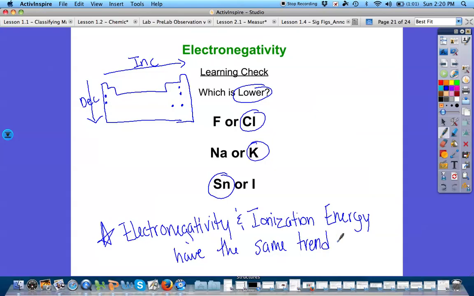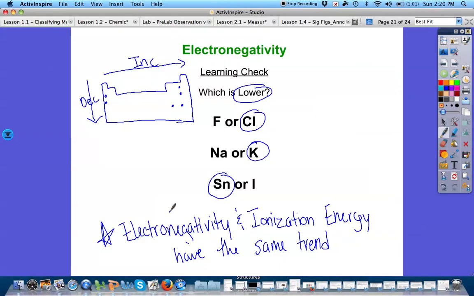So if you can remember, electronegativity and ionization energy have the same trend, and just the atomic radius is the opposite of that. That might help you remember which is increasing and decreasing.